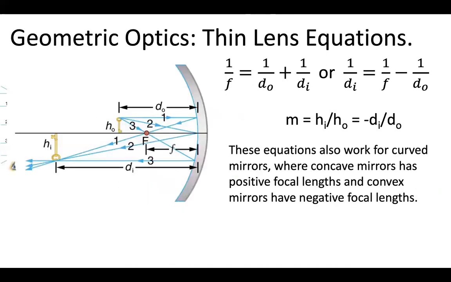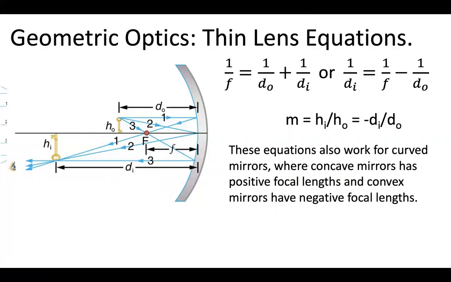And it goes even further than that. This same expression can be used for mirrors. If you have a mirror with a real focal length, like a converging mirror, and you have a real object, you can calculate the location where all the rays cross, which is where the real image would be, using this same expression, and you get the same expression for the magnification.